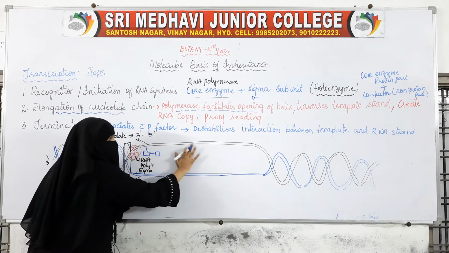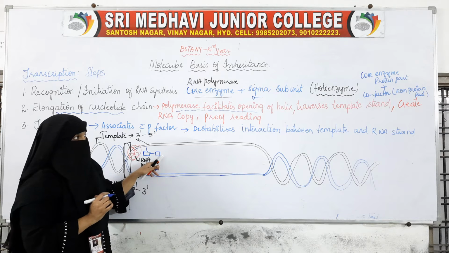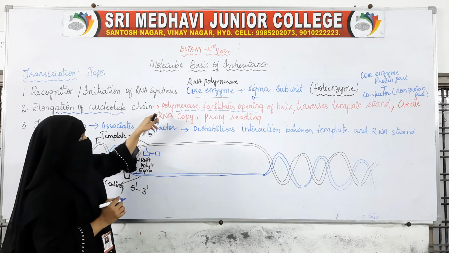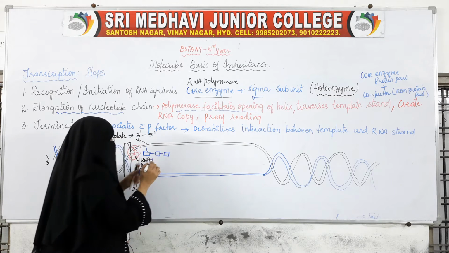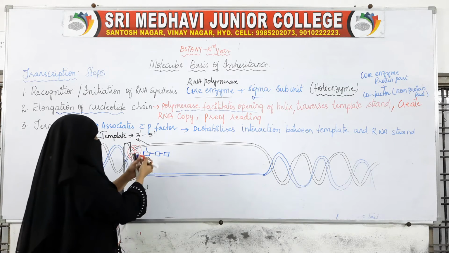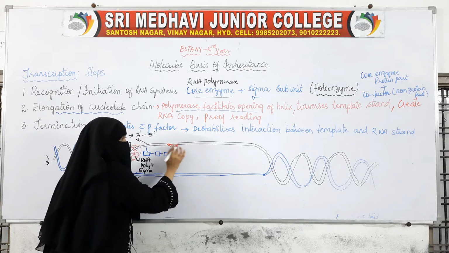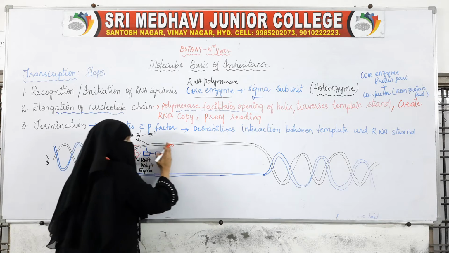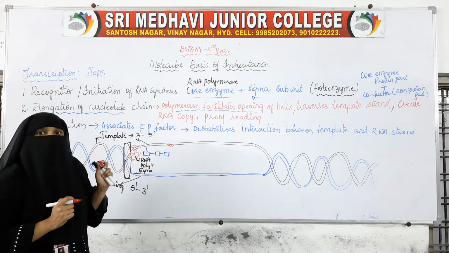So it slowly starts opening the helix and adding the nucleotides. Because now it has opened here, it will move here, then add the nucleotide, then again open it, then again add the nucleotide. Like this it will go on traversing on the template strand.